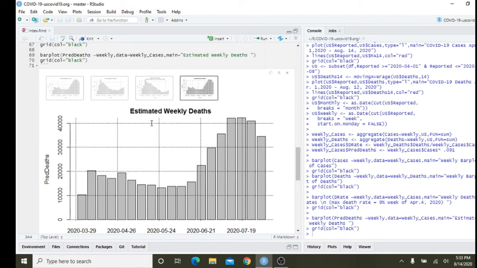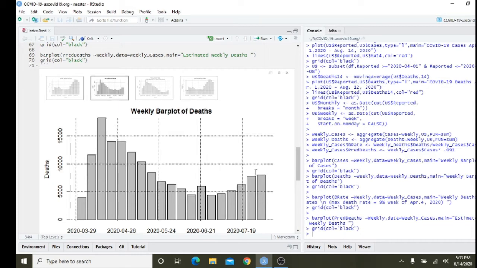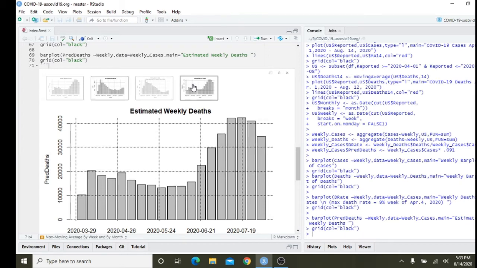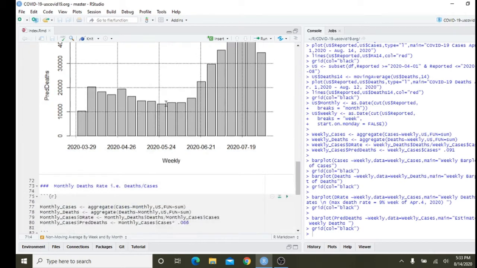Using that 9.1 maximum death rate, estimating weekly deaths, we should be up here at 40,000 deaths. But yet we're actually down here at under 10,000 deaths. That's the good news. The good news is the decline in death rate is saving thousands, if not tens of thousands of lives. That's the good news.